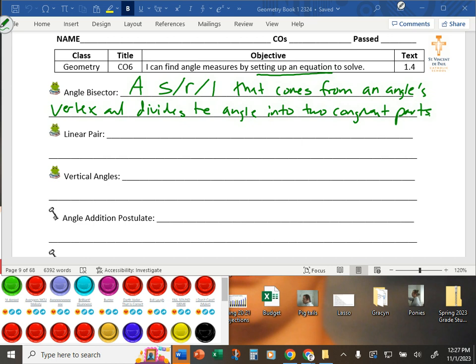With the SRL, if you flip it to be segment, line, ray, it forms a word. You could also do RLS. No, that is the word the.